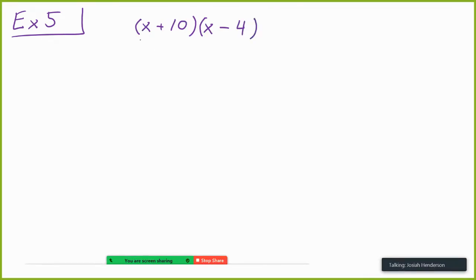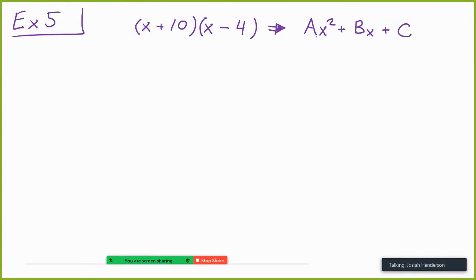So notice what this looks like. X plus or minus a number, they're being multiplied together, right? And then when we're done, we'll do the actual multiplying in a moment, but when we're all done, we're going to have a form that looks like this: ax squared plus bx plus c, where a, b, and c are just some numbers.